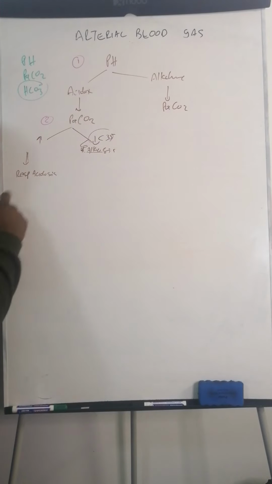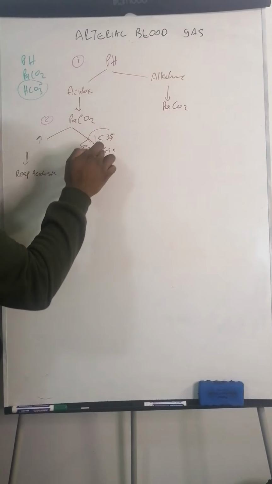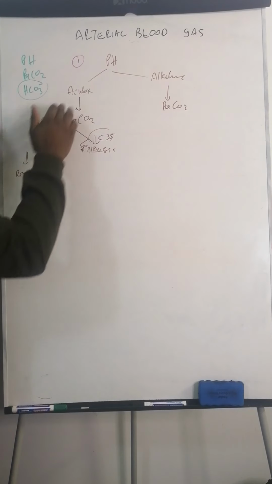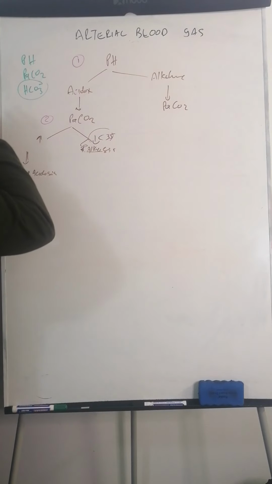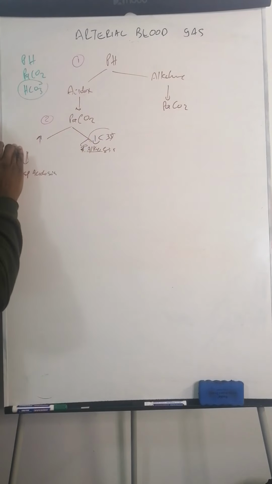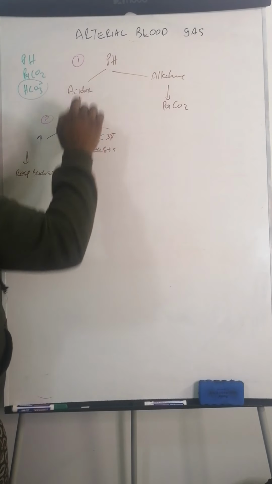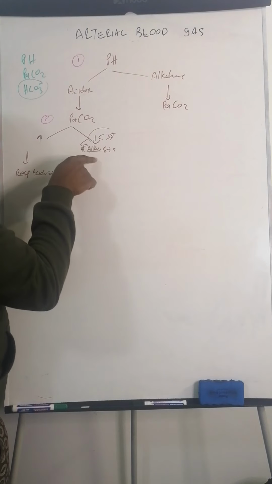So if our pH is acidotic but we've got a decreased CO2, remember, these are two different patients. This is a patient who's got a low, acidic pH but an increased CO2 in the blood. Easy to diagnose, respiratory acidosis. But this patient has got acidosis, but the partial pressure of CO2 is pointing towards the alkalotic side.